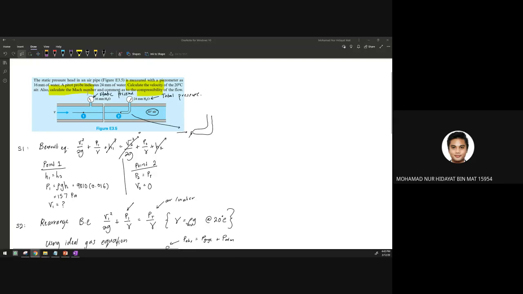That means this is giving the value of P1 using the piezometer in the water. But here, actually, the flow is in the air. Do you see? Okay, the piezometer, where is its reference? Is it air or water? The piezometer's reference is the water at the top.